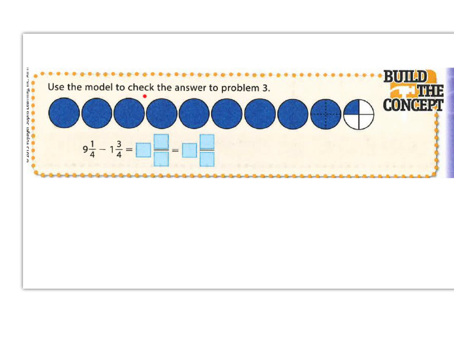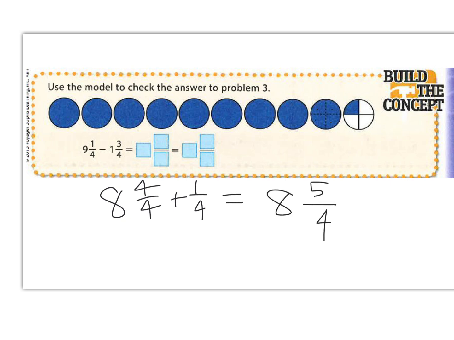This says, use the model to check the answer in problem 3. So we just did this problem, so now let's check our answer. So 1, 2, 3, 4, 5, 6, 7, 8 whole ones. Notice, so we changed that to 8, and then 1, 2, 3, 4, 4/4 plus that 1/4. So we had 8 and 5/4. Okay, so that's what those circles represent.